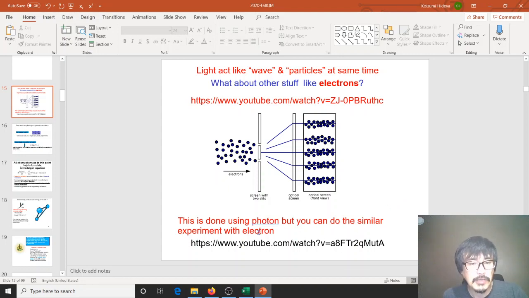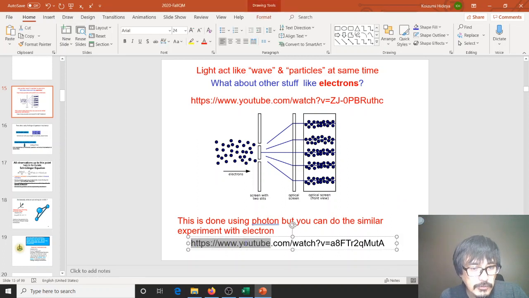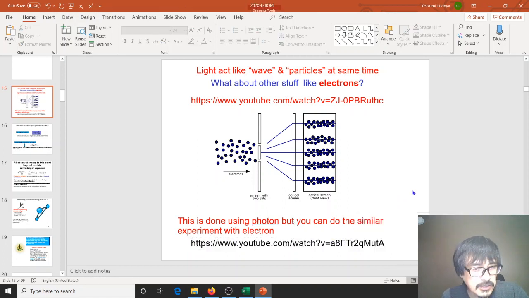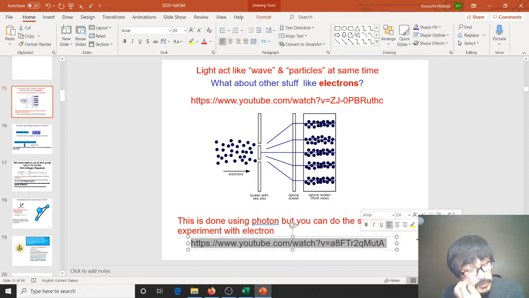You can do similar experiments with electrons too, but I think it's a little bit more costly, so most people do it with photons, although photons have a little more complicated uncertainty principle. Technically speaking, I would rather show you the experiment done with electrons, but it's not available on YouTube. So at this moment, we just have to deal with the photon uncertainty principle experiment.